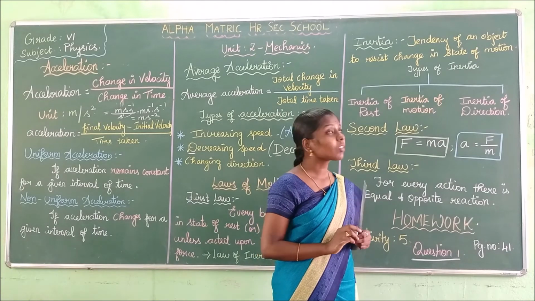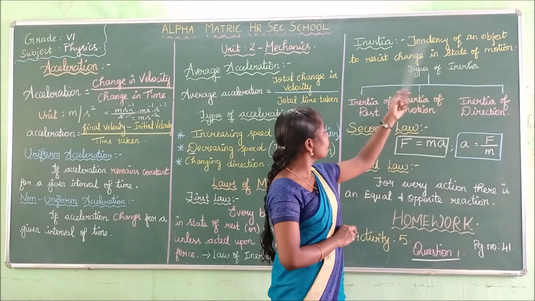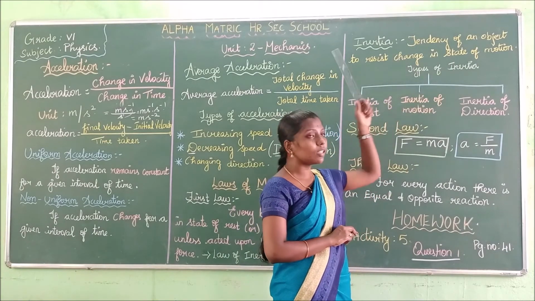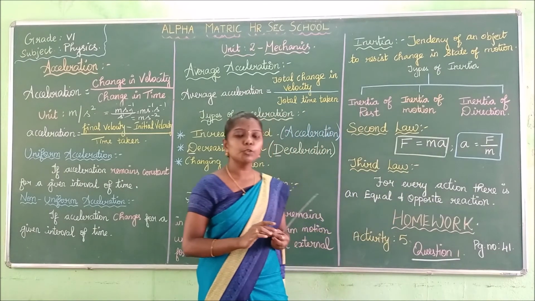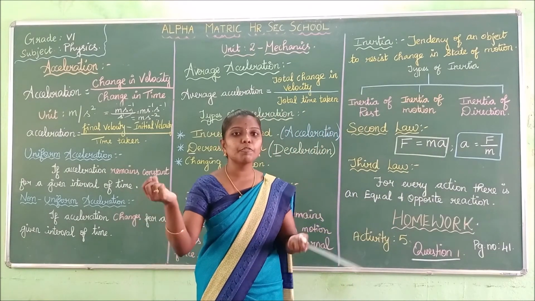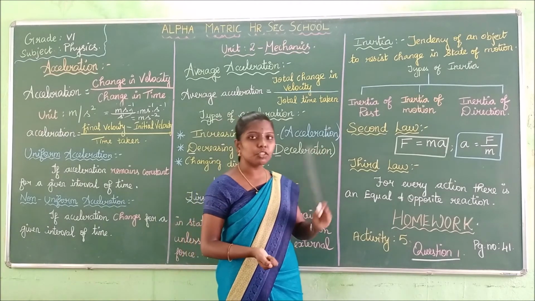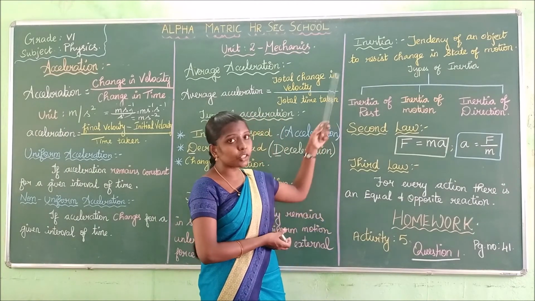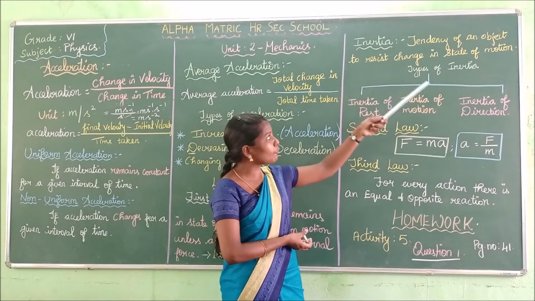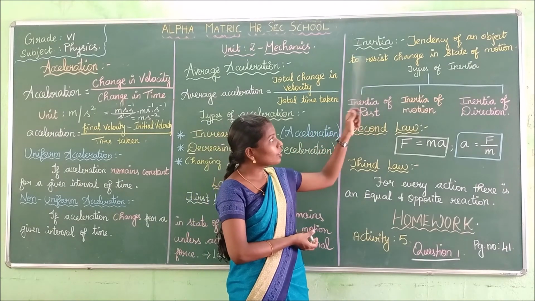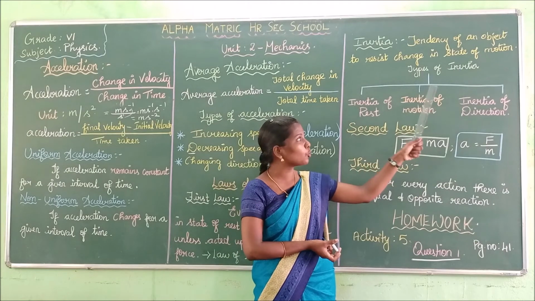What is inertia? Inertia is the tendency of an object to resist change in state of motion. To change the state of motion, we have to apply some external force. That is inertia. So here, what is inertia? Inertia is the tendency of an object to resist change in state of motion.